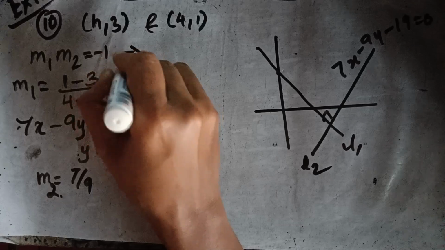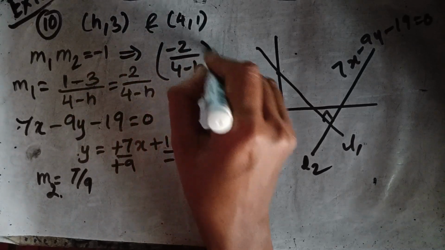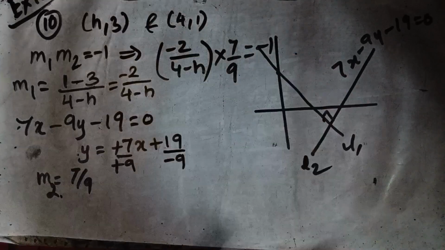So substituting in this equation, you will get minus 2 upon 4 minus h into 7 by 9 equal to minus 1. Okay.